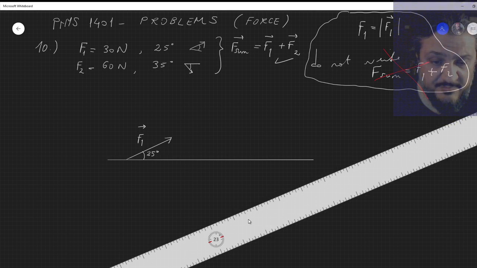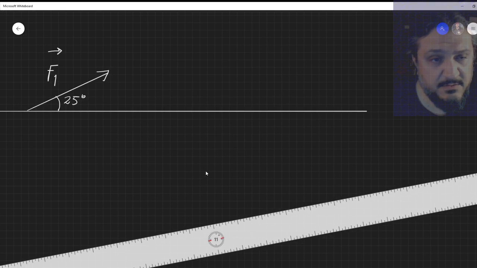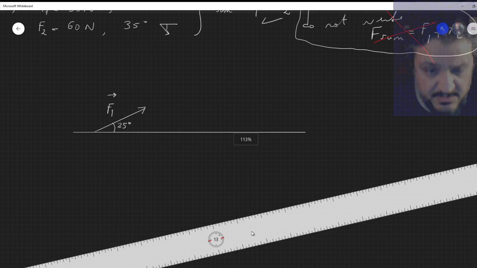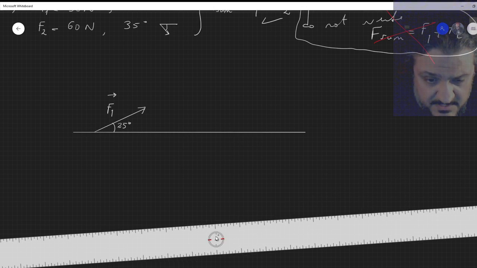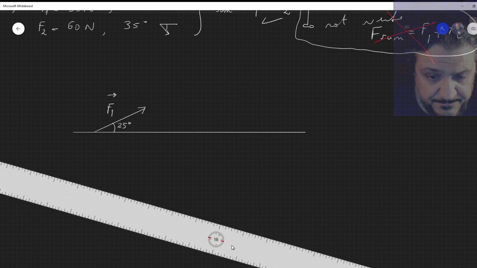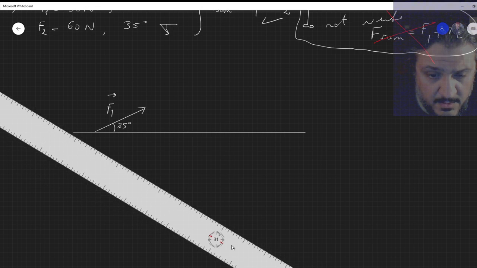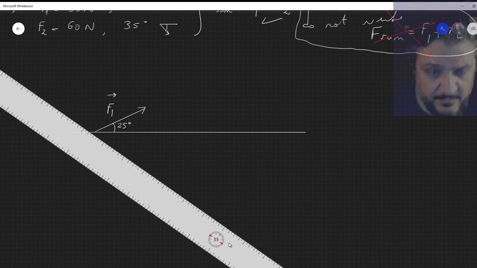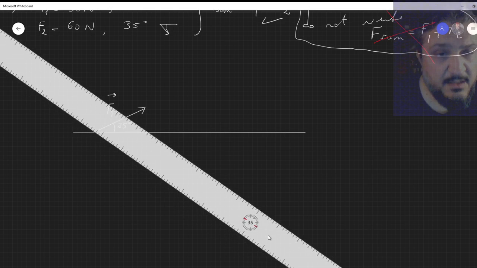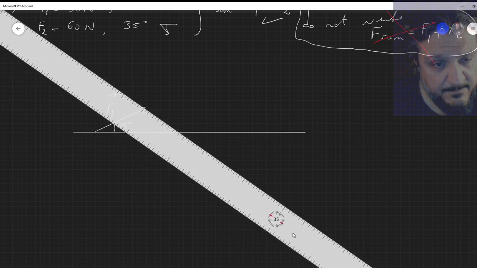Now the second vector is F2, and F2 should be 35 degrees below the horizontal, so I have to rotate it the other way around. Let's rotate it to 35. I'm just going to carry it to the tip of the first vector there.